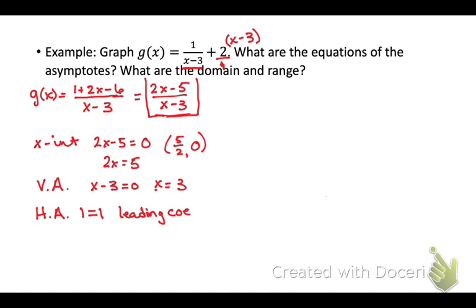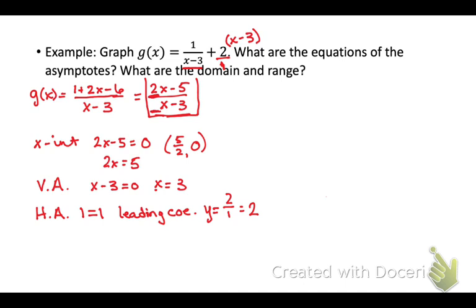What's the leading coefficient of the numerator? What's the number in front of the x? 2. So it's going to be y equals 2. And what is the number in front of the x down here? 1. So y equals 2.